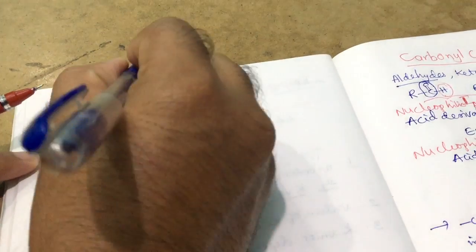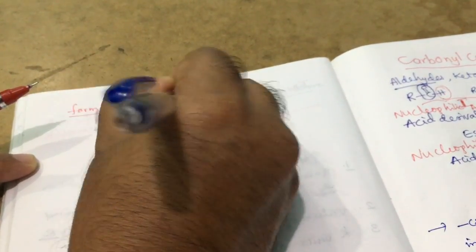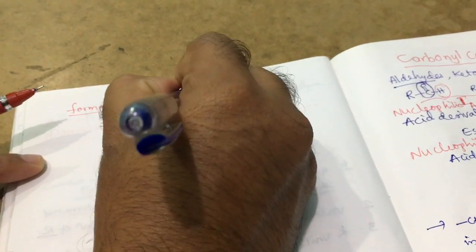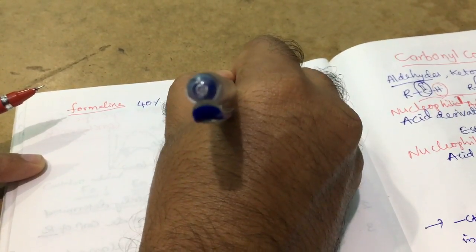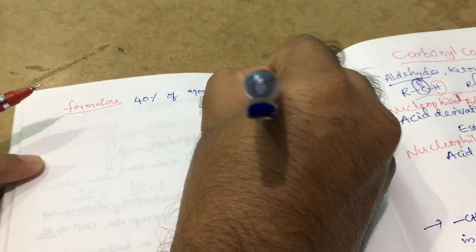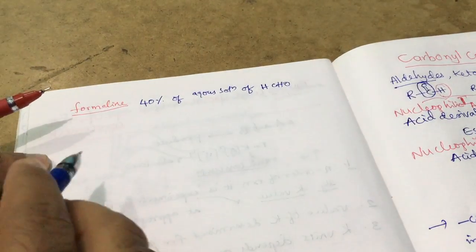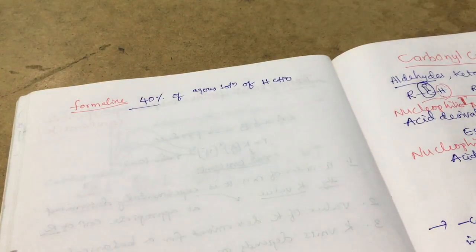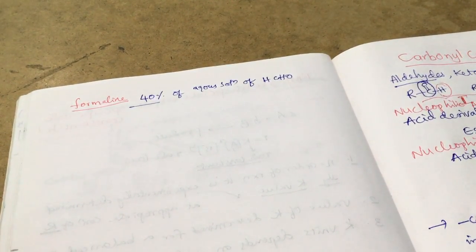Generally it is 40 percent aqueous solution of formaldehyde. Formaldehyde formula HCHO. So this is 40%. Some books give 37 to 40. Generally you can stick with whichever percentage one of your books gives. Now what is the formalin formula?